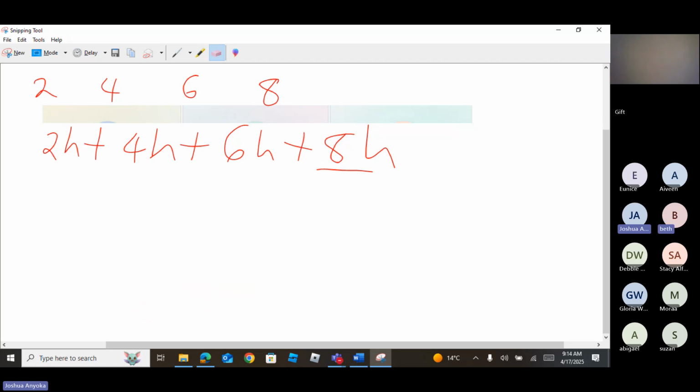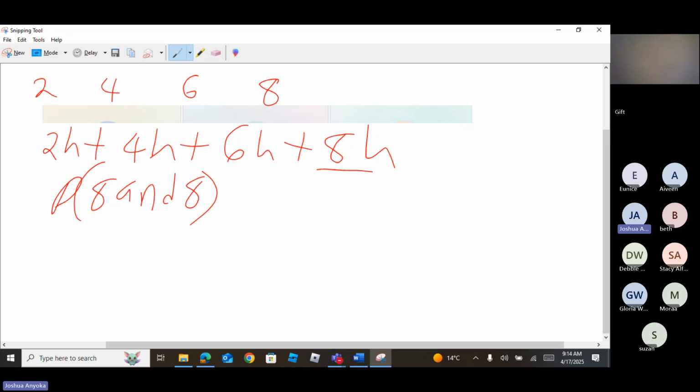So it is getting 8 and 8. It is not 8 or 8. The first toss lands at 8, you put that aside, and the second toss it lands at 8. So it is the probability of getting 8 and 8.